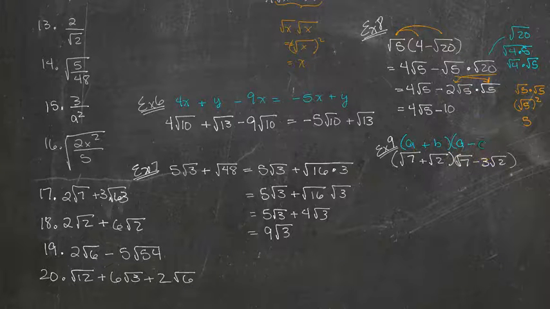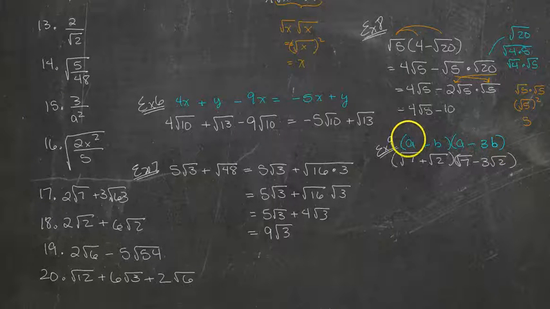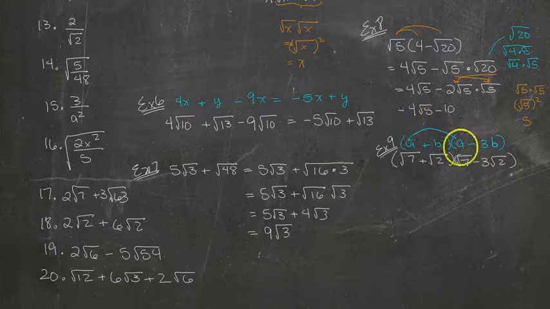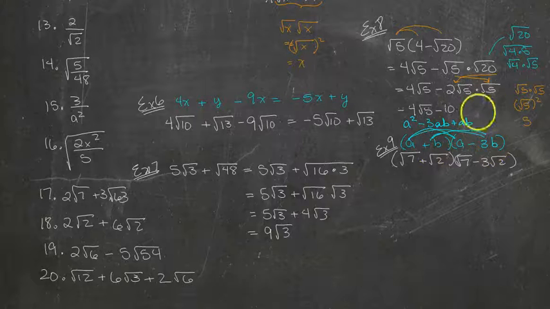Minus, well, this would have to be C because they're not the same thing. Or I could call it 3 times B, actually. Let's do that. So if I rainbow this, I get A squared minus 3AB plus AB minus 3B squared.